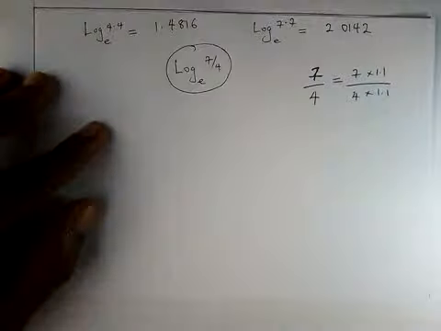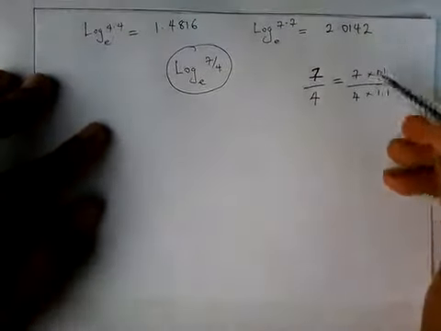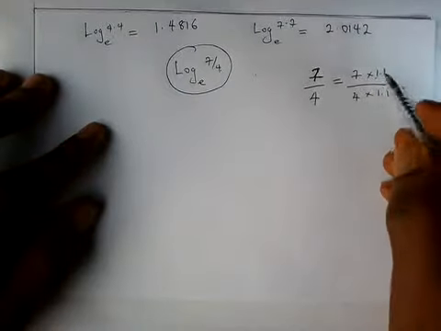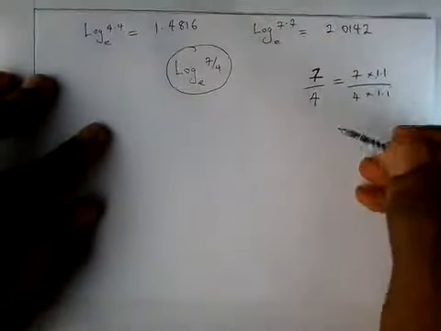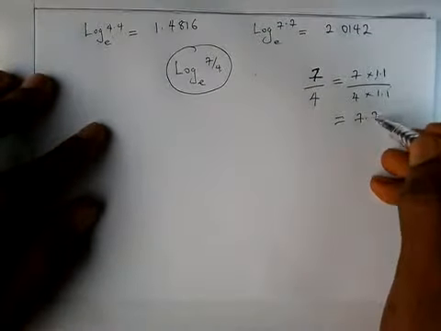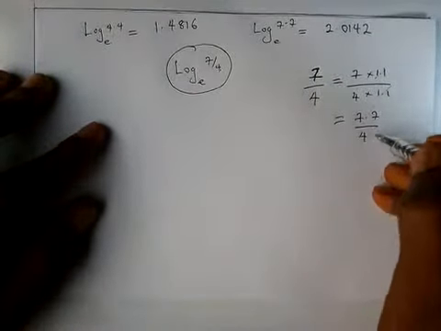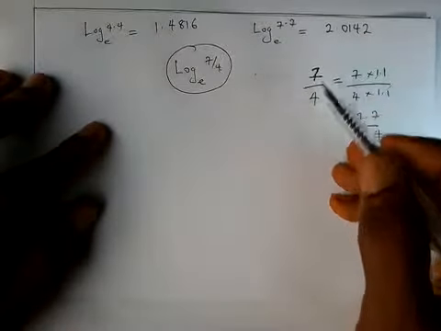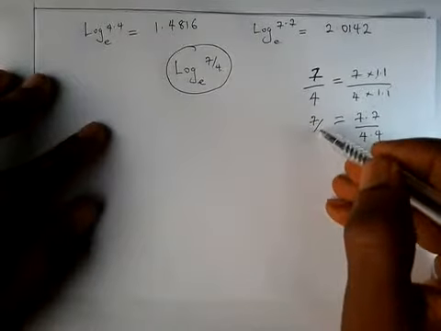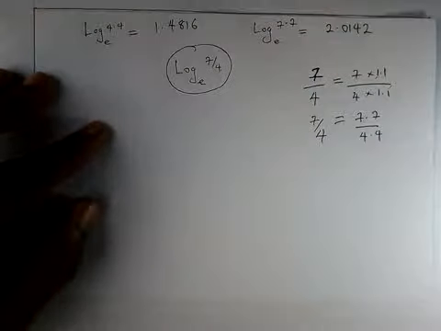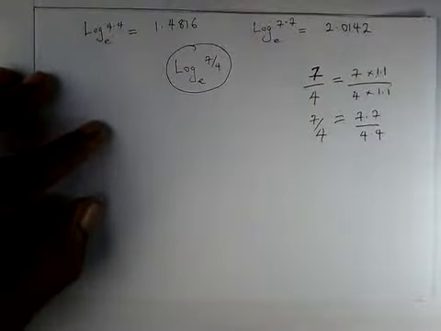Did I change anything? No, because this can simply strike off and it still remains 7 over 4. It's consistent in mathematics. So if you multiply this, you have 7.7 over 4.4. So 7 over 4 is the same thing as 7.7 over 4.4. That is what they want you to see.